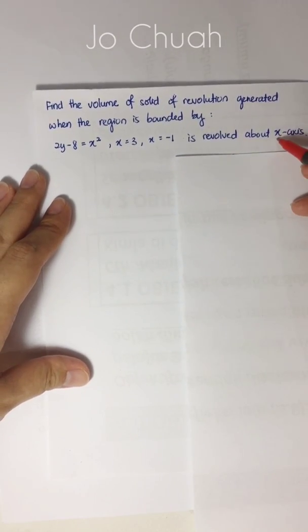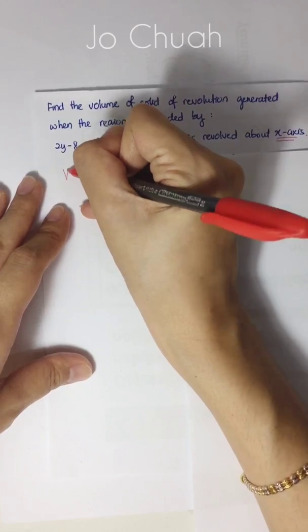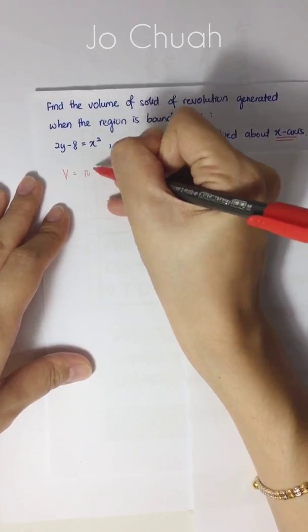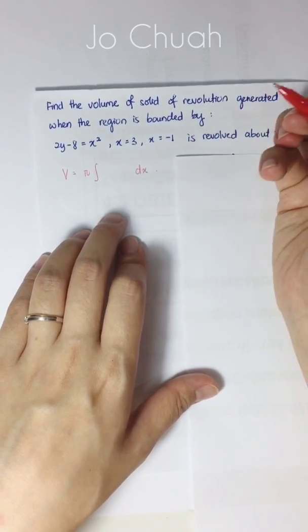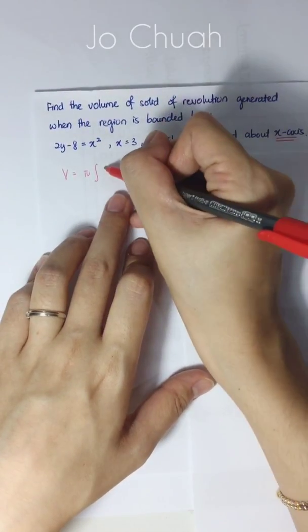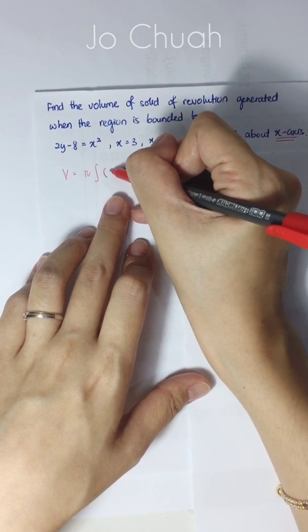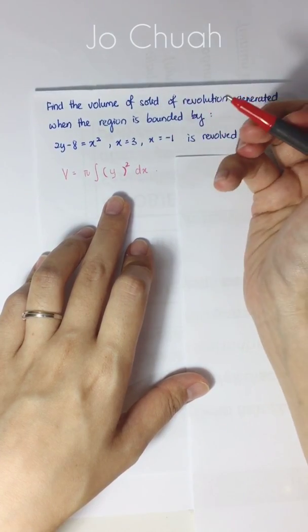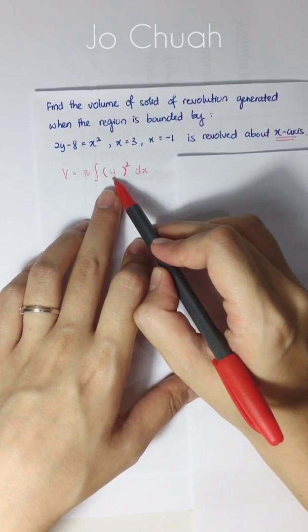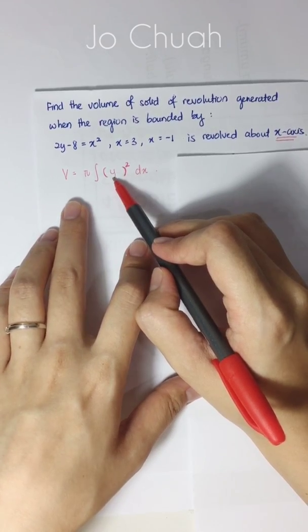Wherever it's revolved about the x-axis, your formula is gonna be V = π∫ ... dx. Whatever you have inside is gonna be y squared, as in, you're gonna have y in terms of x. Okay, and the other way around.